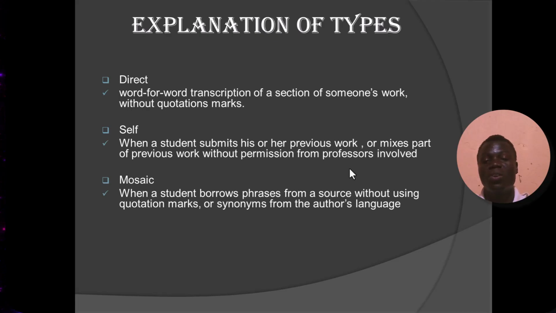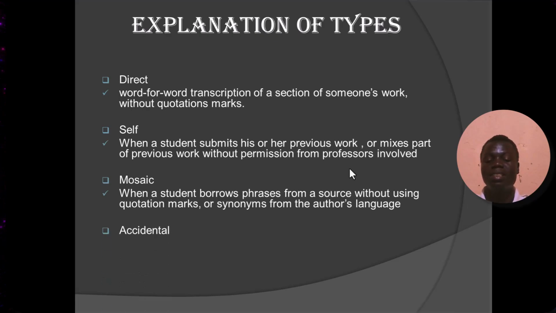Whether using the author's phrases intentionally or unintentionally, it is in fact academic dishonesty. That is why it is necessary to cite the source where you got the information from and acknowledge the work of the author, so that you may not practice plagiarism. But if you don't, then you are practicing plagiarism.